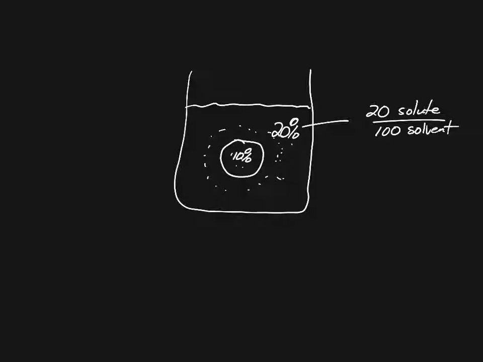Draw an arrow in the direction that the salt moves. What question am I going to ask? Does the solute cross the membrane? And the answer in this case is yes, it does cross the membrane.